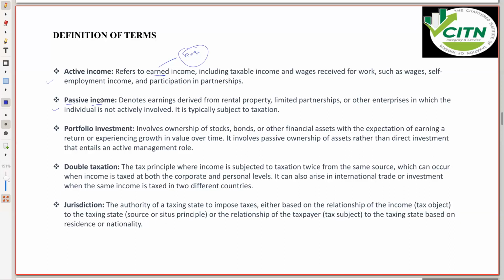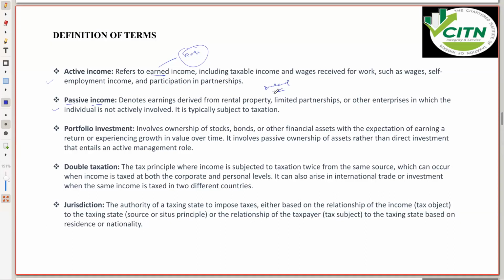You don't need to exert effort to earn money out of it. It's basically out of your investment. So you could have rental income, or you're a limited partner. Your role was just to contribute money, nothing more. You're not actively involved in the day-to-day running of that business. Or you earn income in form of dividends. So that's the passive income.